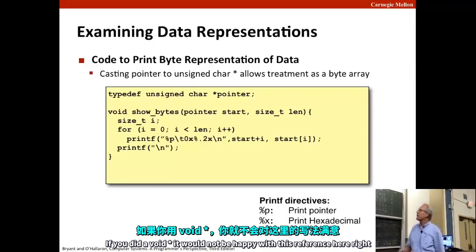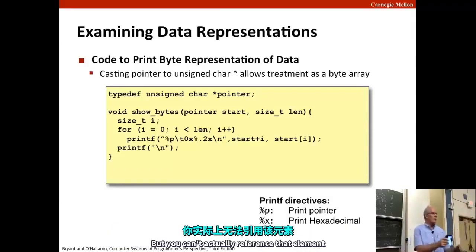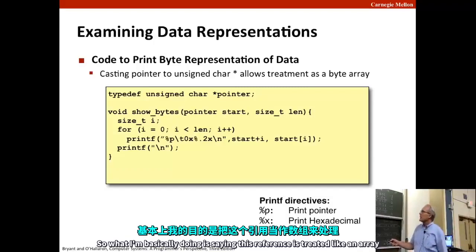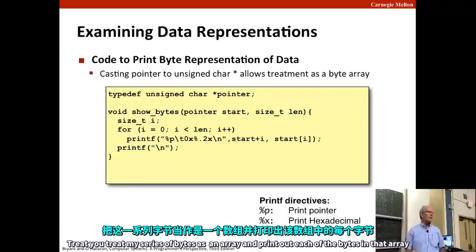If you did a void star, it would not be happy with this reference here. A void star is just a way to pass around a generic pointer, but you can't actually reference that element. So what I'm basically doing is saying, treat my series of bytes as an array and print out each of the bytes in that array.